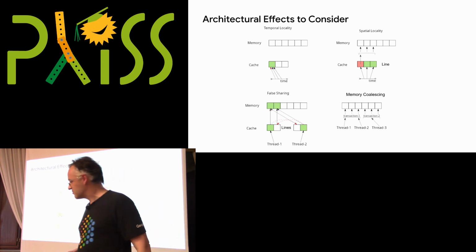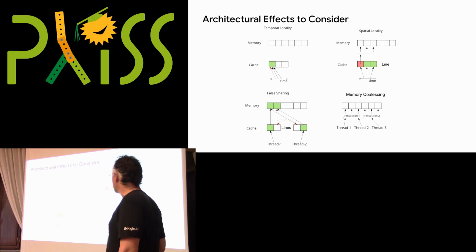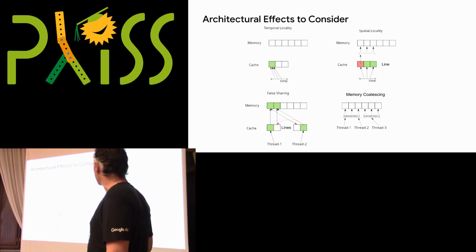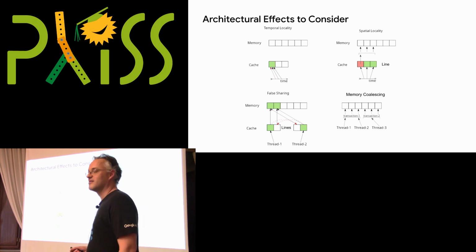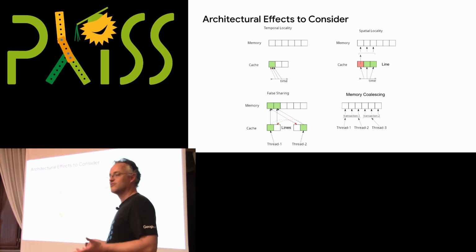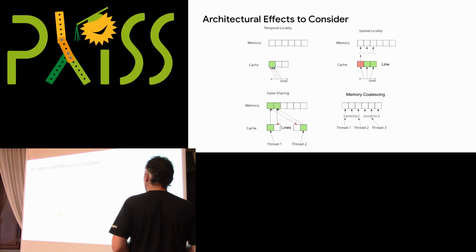Typically, you expect that the cache capacity will be large enough that in between two accesses to the same memory element, you will find the data again in the cache. So you won't be evicting that data because the cache is too small. Okay? So that's called temporal locality.